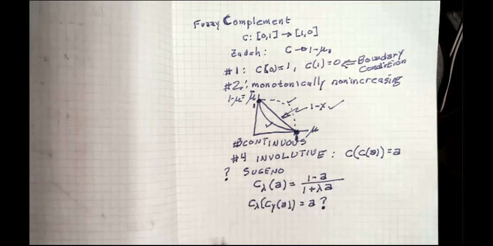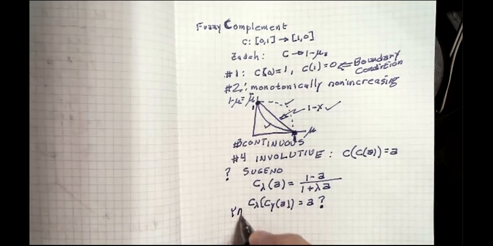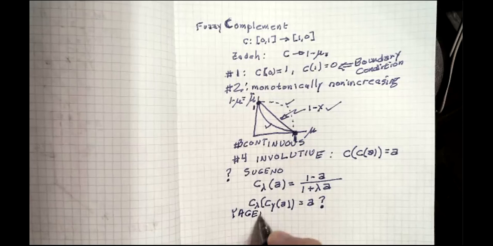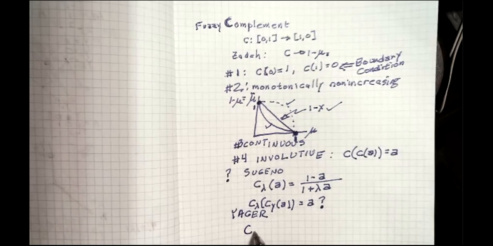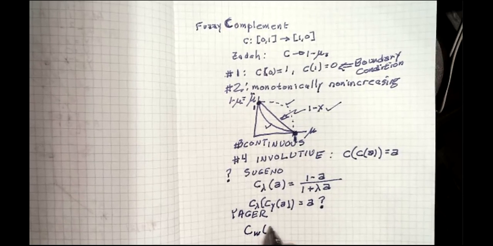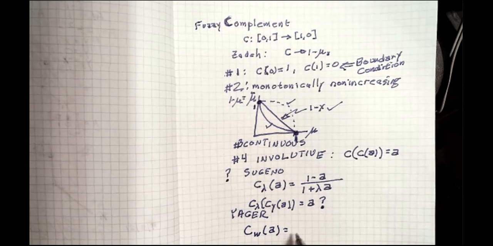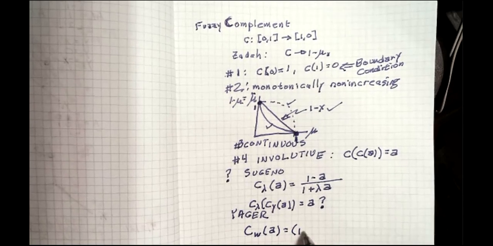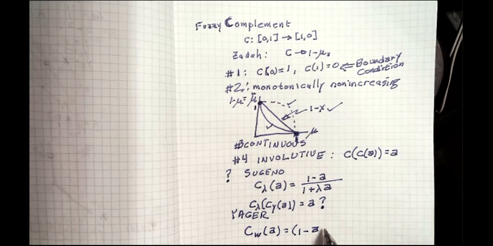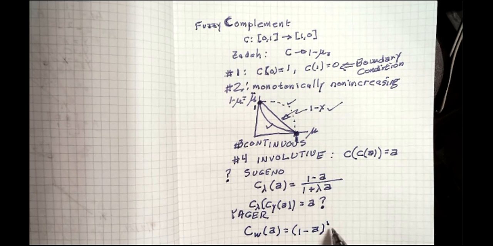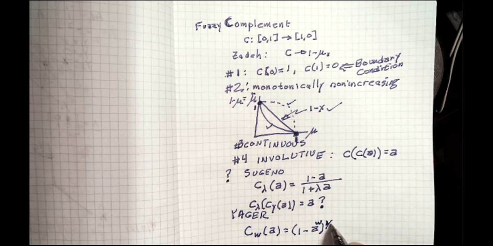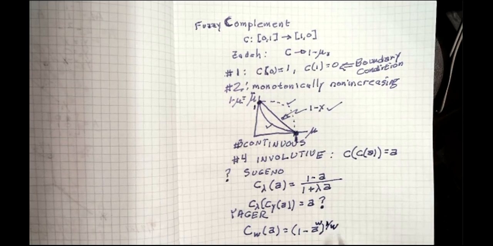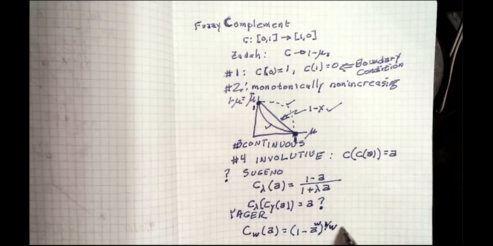Anyway, here's the Yager class. The Yager class is that C. Now, the Yager class is parameterized here by a w. Let me rewrite that.